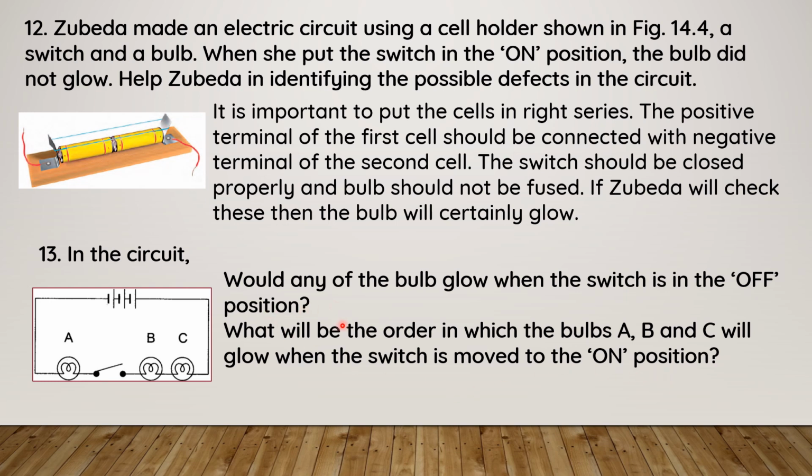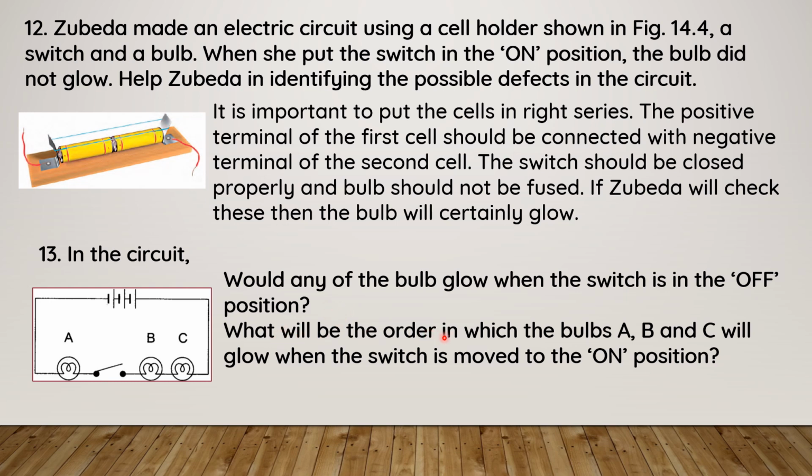Would any of the bulbs glow when the switch is in the off position? No, no bulb, because all these bulbs are connected in the same circuit and there is only one switch. So this is the off position, so these bulbs will not glow. So you can write no in your textbook there.